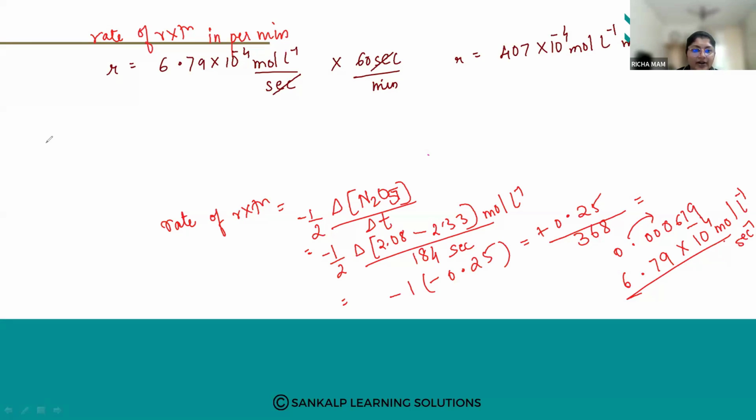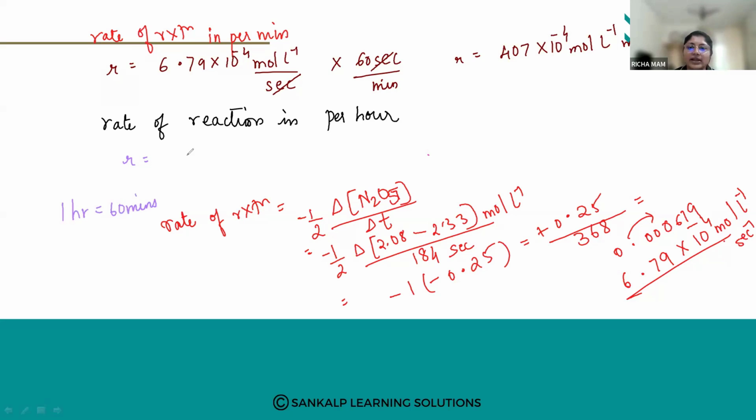Okay. Now what we have to find? Now we have to find rate of reaction in per hour. Okay, let us find this now. How to calculate? So rate is equal to, per hour, so per minute. We know that 1 hour is equal to 60 minutes.